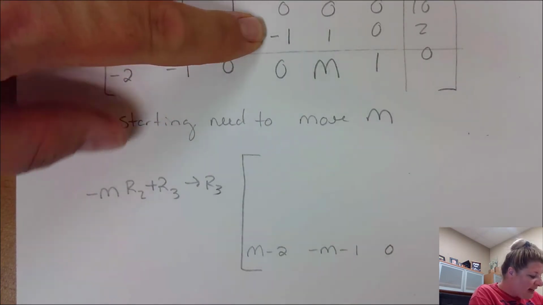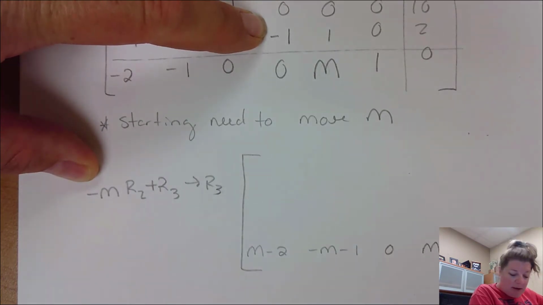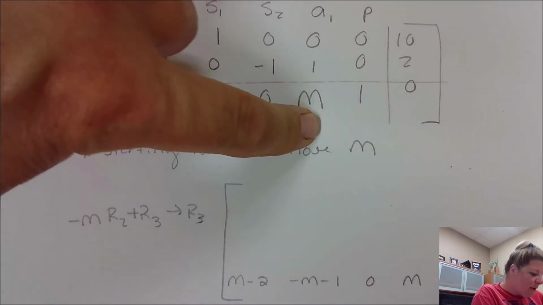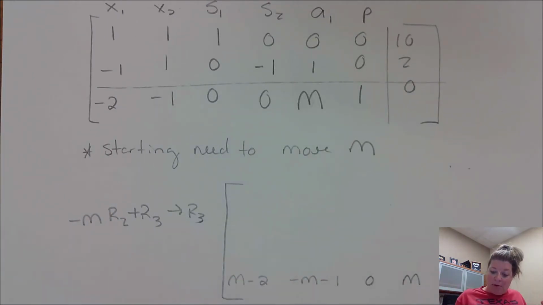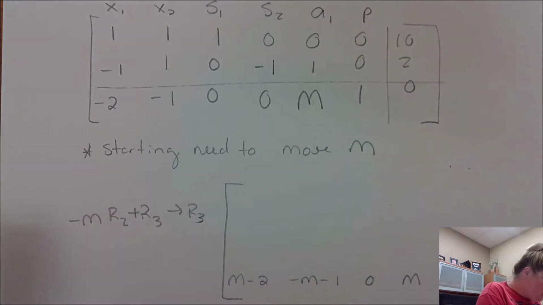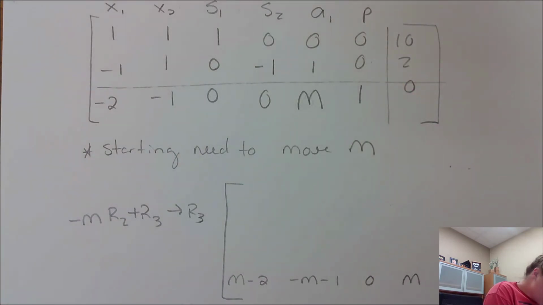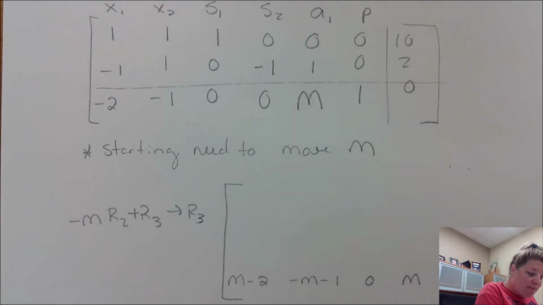Negative 1 times negative M is positive M. Okay, so we do still have an M there. Next is our artificial column, and that's negative M, which is going to become a 0. That's what we needed. We needed the artificial column to not have M. Okay, the last one was 0 times M is 0 plus 1 is 1. And then negative M times 2 is negative 2M plus 0 is negative 2M.